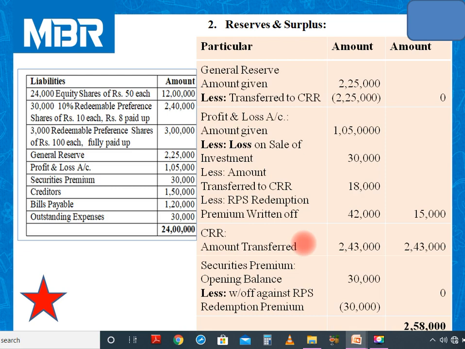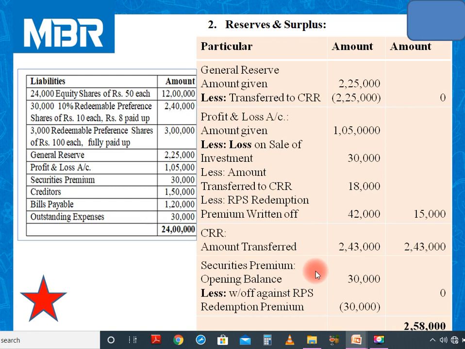But in this question, this kind of information is not given, so nothing is utilized. Amount transferred 2,43,000. Utilization is 0. So the balance of CRR account is 2,43,000.